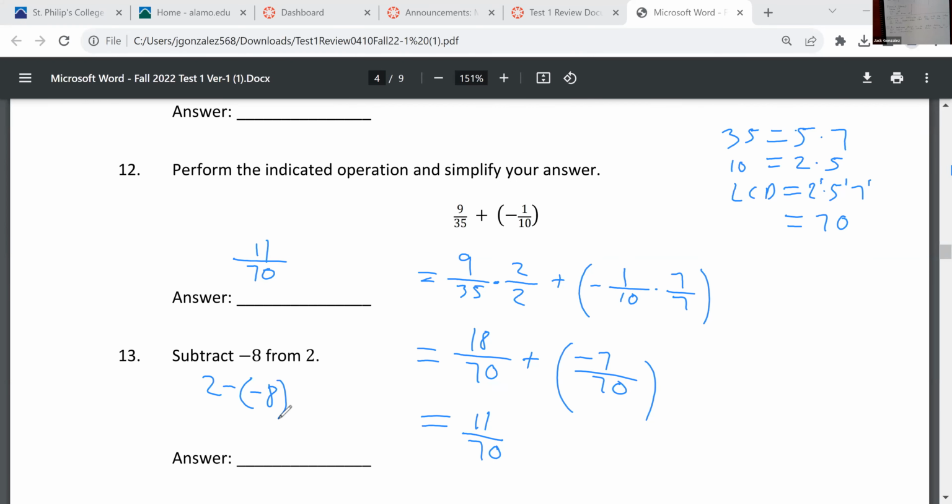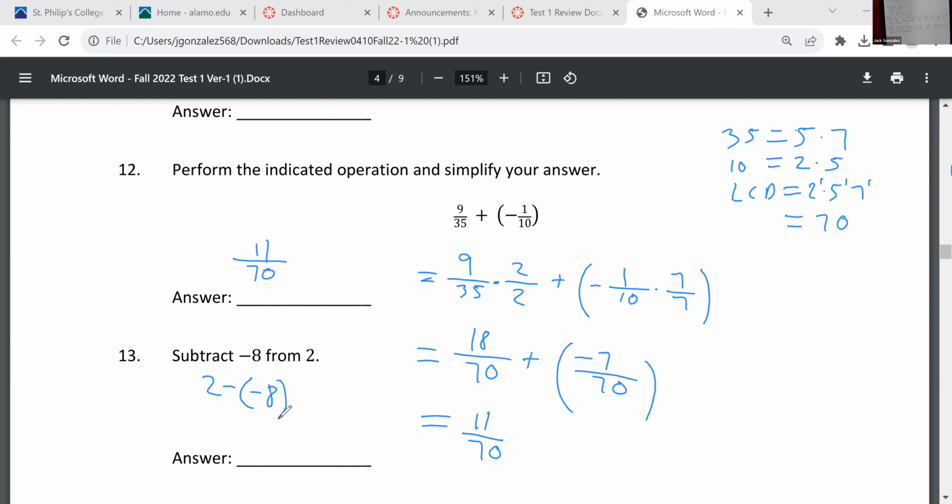But yeah, it's all about the phrasing. If they had said the difference of these two, then you would have been right. They said "from," and that's messing this up. I was looking at it like -8 minus 2.